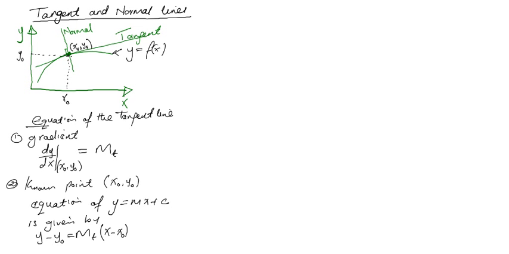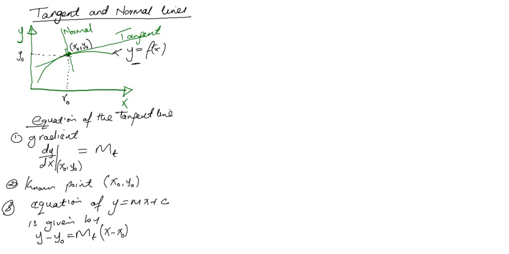So there are three things here. First is to get the gradient of the tangent line. And how do you get the gradient? Getting the derivative of the curve y. The derivative is dy over dx, and then you evaluate. You substitute x0, y0.